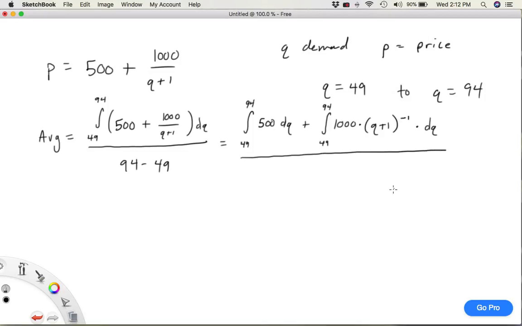Hopefully you're familiar with your rules of negative exponents, and you'll see why this piece is equivalent to that piece. If not, just look up the rules for negative exponents. Basically, the negative exponent turns your answer into a fraction. And then 94 minus 49 is 45. Okay.